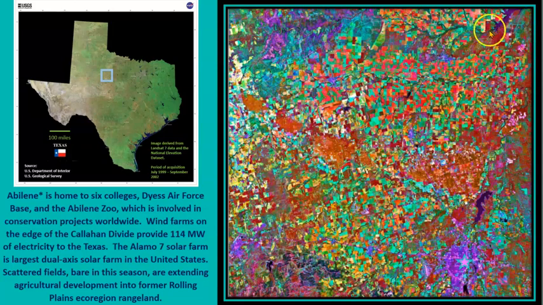The Alamo 7 solar farm in the upper right is the largest dual-axis solar farm in the United States. In addition, there are several small oil fields within this scene. The prominent human footprint here, though, is of irrigated agriculture. Most of the original native grasslands have been converted to agricultural fields.